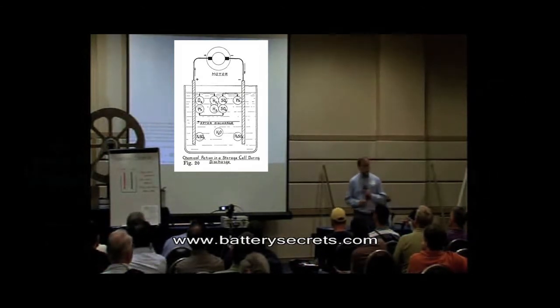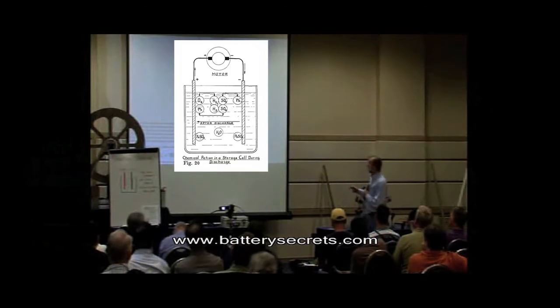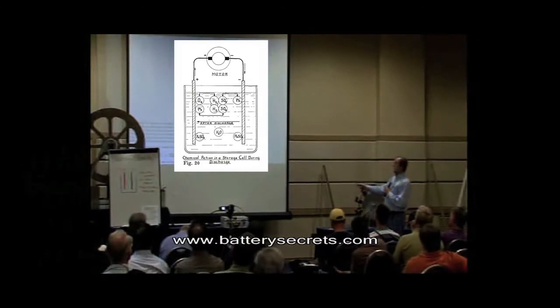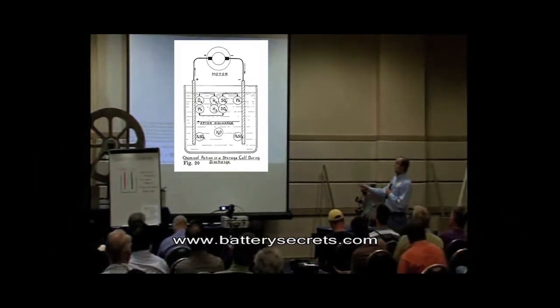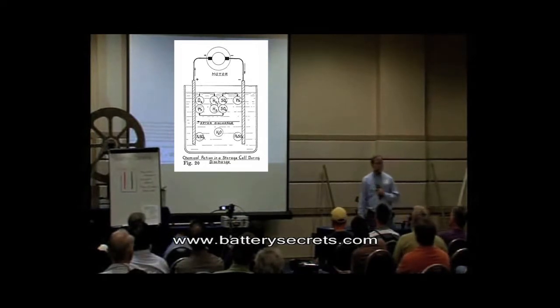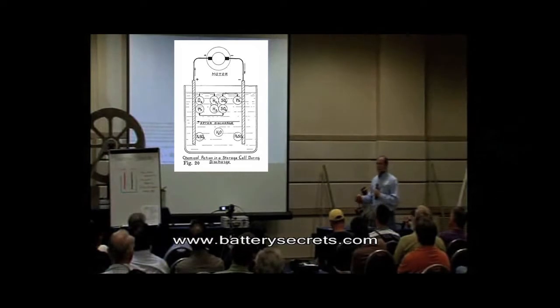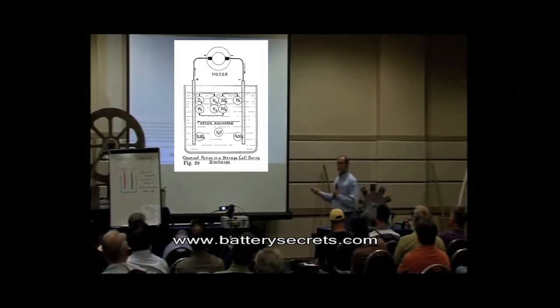The problem is charge. Now, when we want to reverse that, what we have to do is electrically split the water molecule, which is no problem. You put electricity into water and it splits.